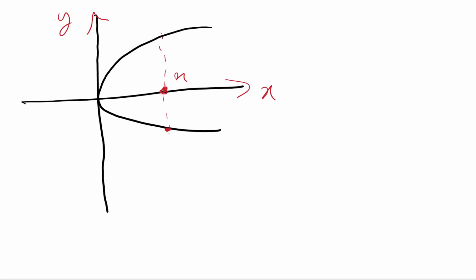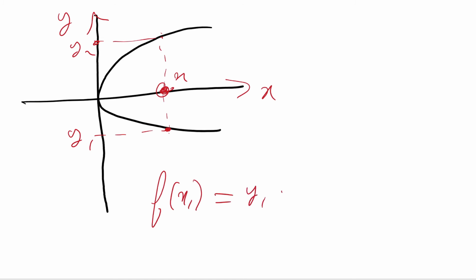So this maps to y1 and this maps to y2. So you can see that f of x1 equals y1 and equals y2, but these are different. So this is not a function because we said that they must map to a unique element in y.